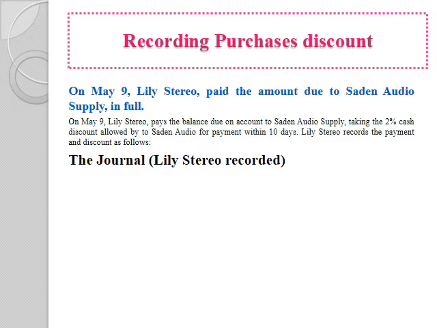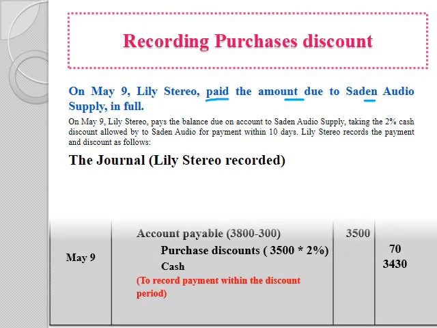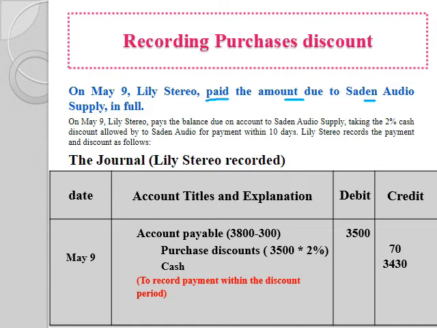She paid the whole amount due to Sadin. Okay, record in the journal for the payer, the buyer, Lily: when Lily paid Sadin, accounts payable, a liability, decreases. Liability normal balance is credit, so decrease means record in the debit side account payable, Sadin Audio Supply.